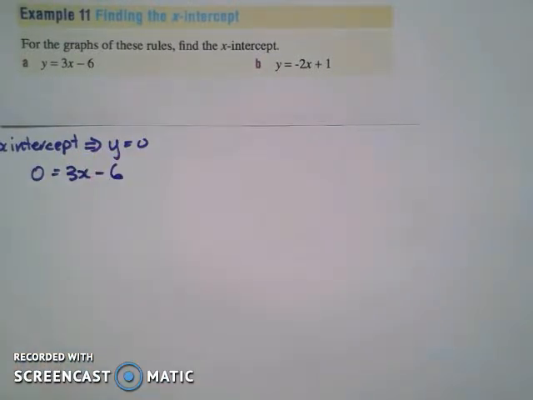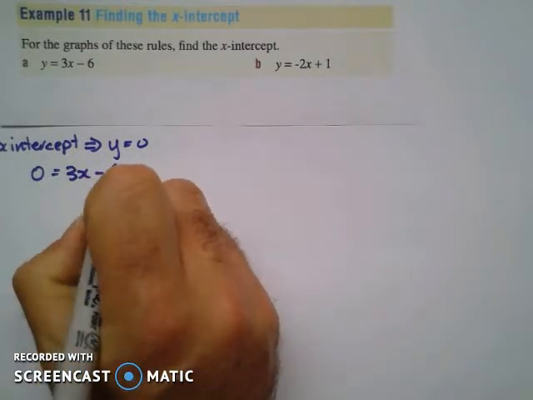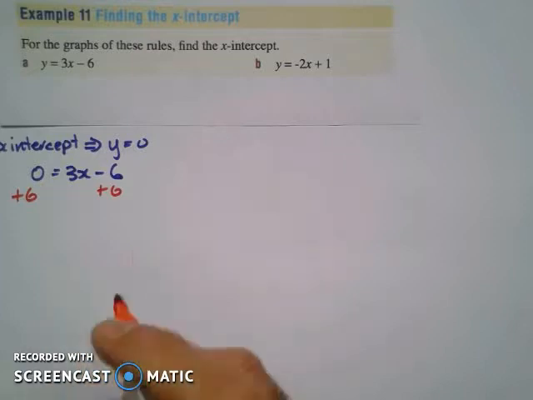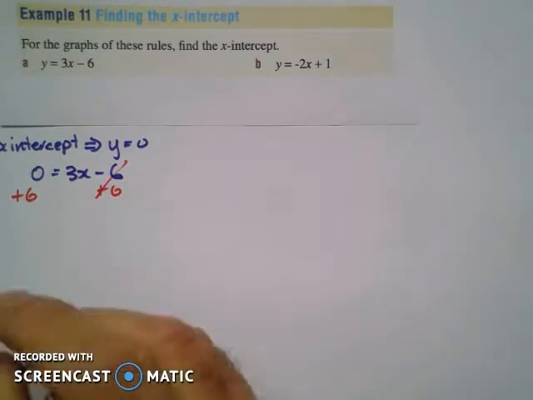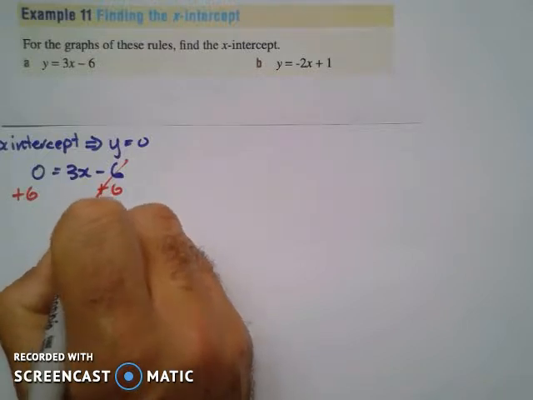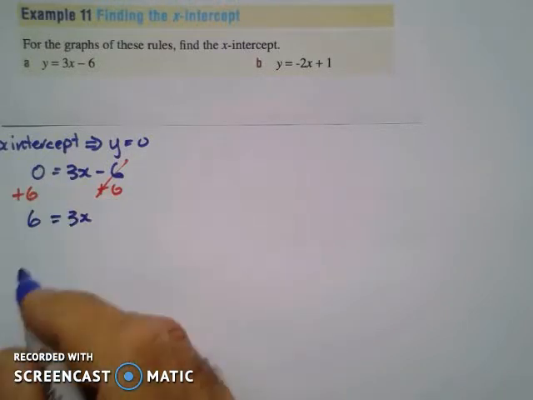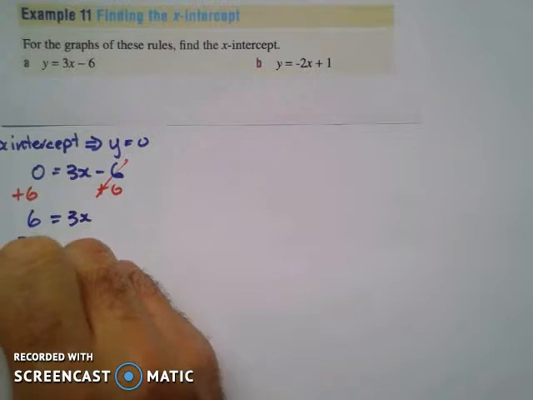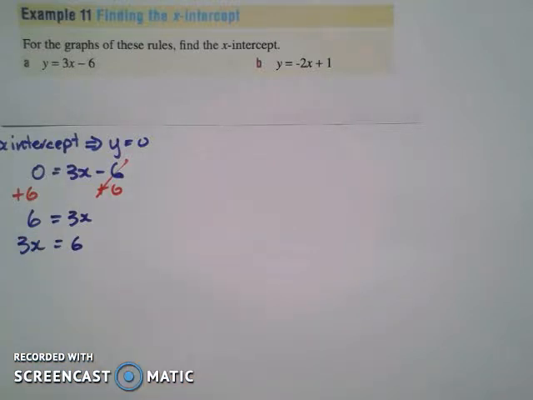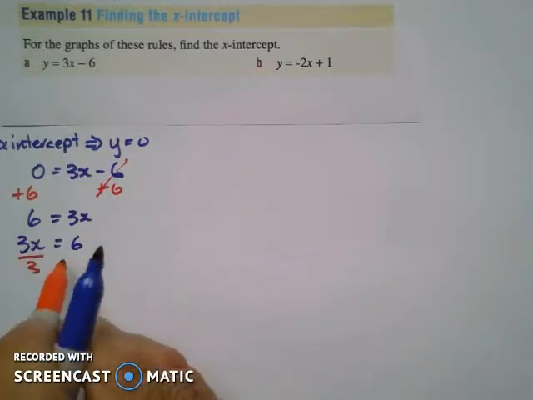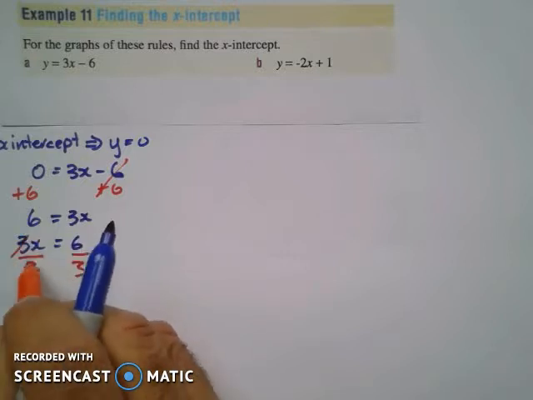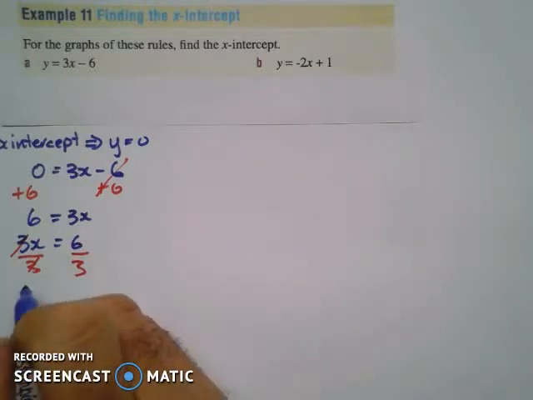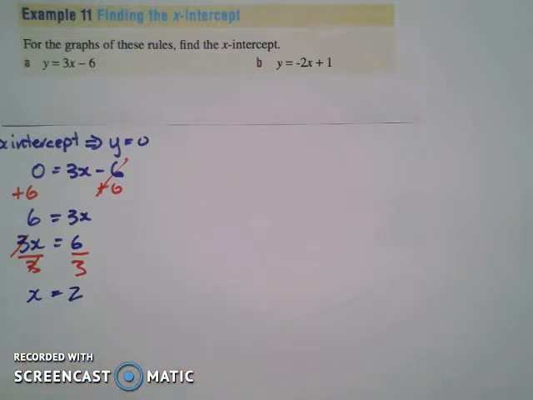I'm going to use my algebra techniques. Plus 6 on this side to get rid of it, plus 6 on the other side. This cancels, and I have 3x equals 6. I can now divide by 3 on both sides, they cancel, so x equals 2.